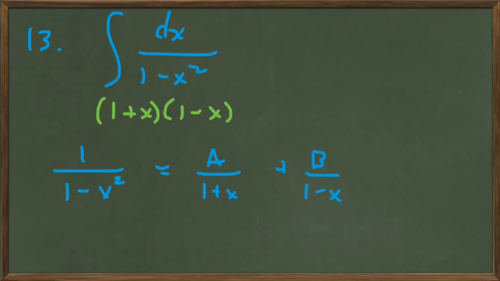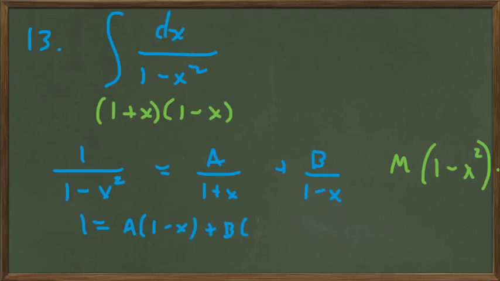We're multiplying both sides through to clear out the denominator by 1 minus x squared, and when we do that, we get on the left side 1, and on the right side we get a times 1 minus x plus b times 1 plus x, and that is solved by what we call the zero out technique. If we let x equal 1, then the left side of the equation is 1.